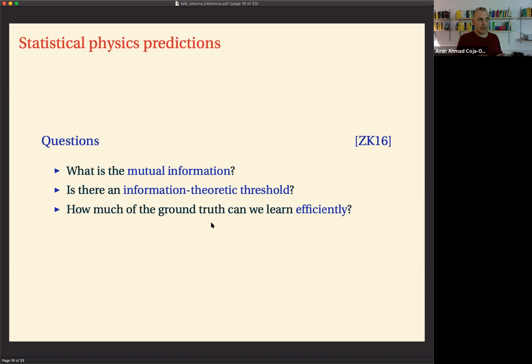And the cavity method tells you how you, for example, can compute the mutual information in these problems. So how can we compute this mutual information potential that tells us how much about the ground truth we can recover from the observations?